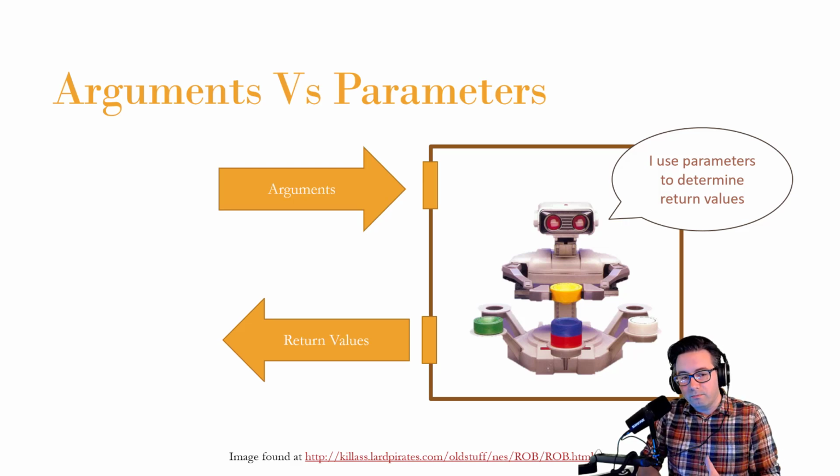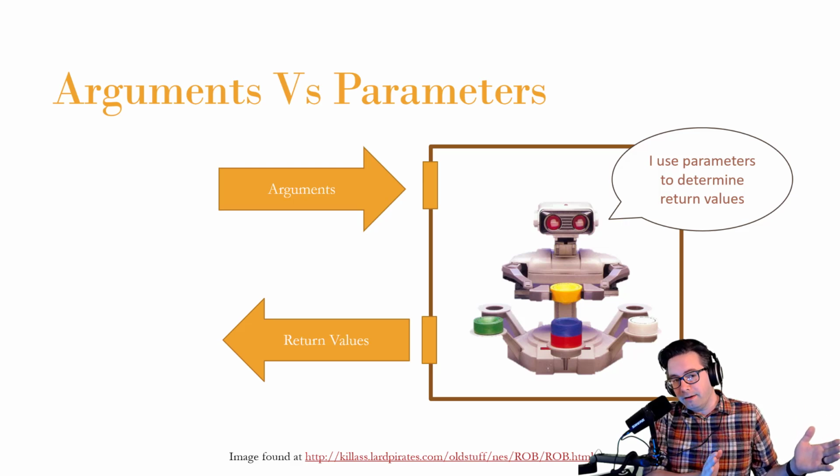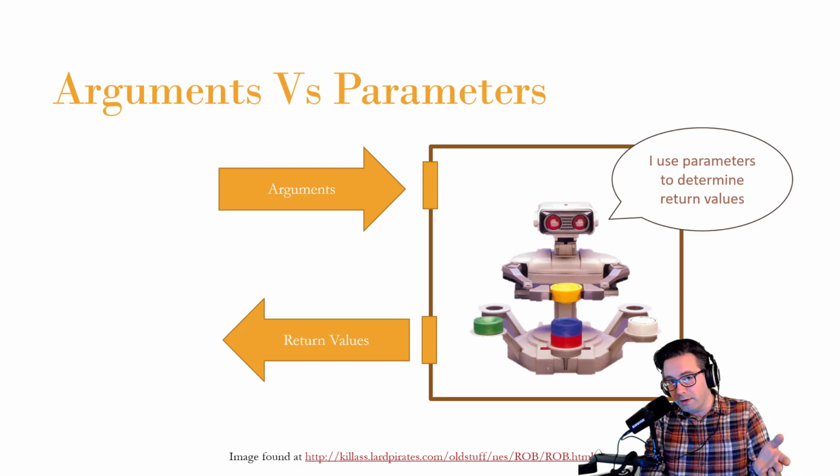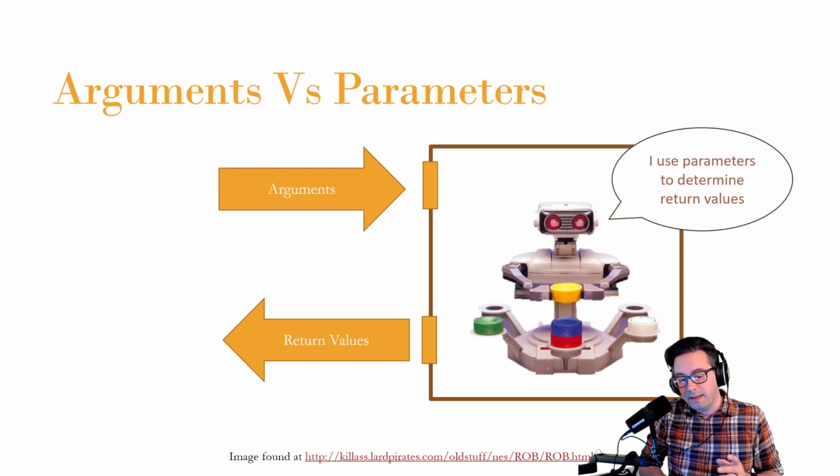Not every method has arguments or parameters, and not every method returns values. The ones that don't return values are pretty easy to see because they say void in the heading, or at least the ones that we make, right?